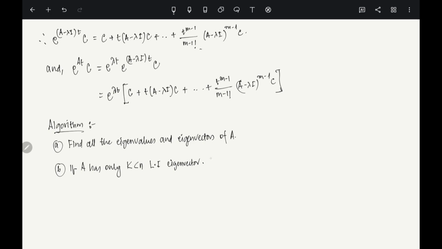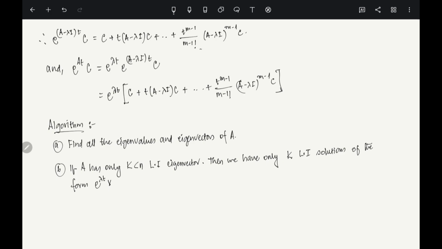Then we have only k linearly independent solutions, of the form e power lambda t times some vector v, which is just the corresponding eigenvector.